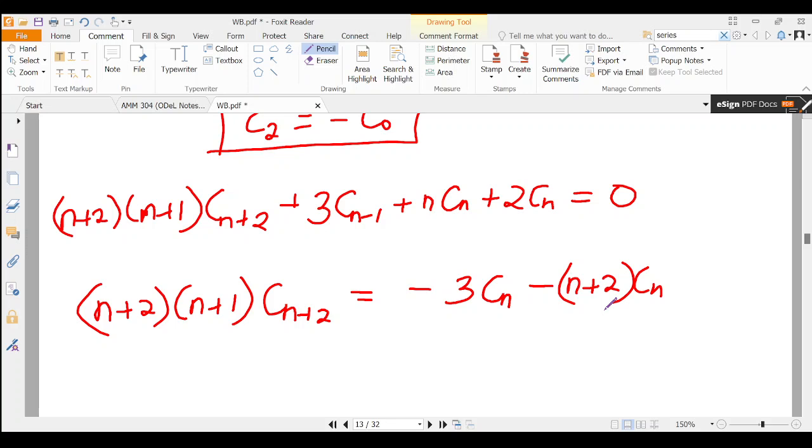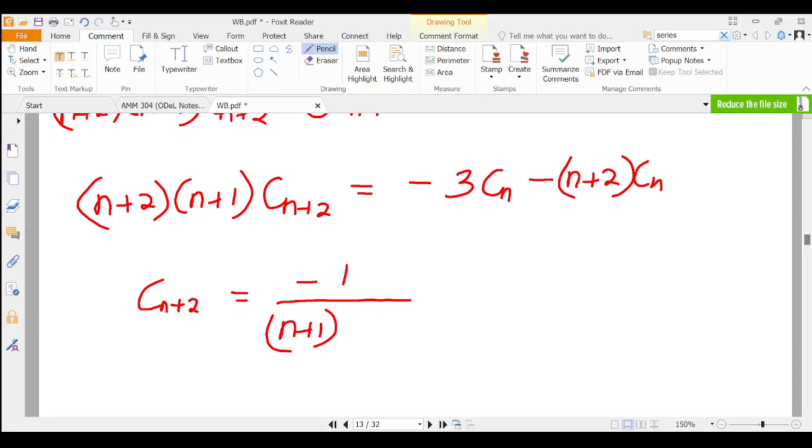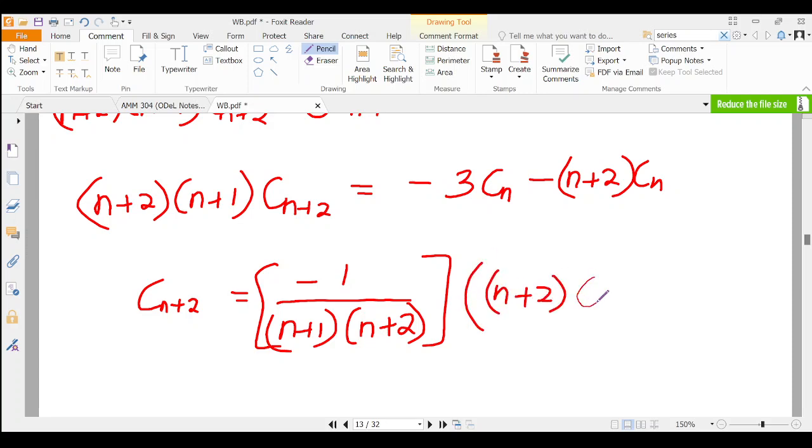So from there we can divide both sides by (n+2)(n+1), the coefficient of c_{n+2}, so that we get c_{n+2} is equal to minus 1 over (n+1)(n+2), multiplied by 3 c_{n-1} plus (n+2) c_n.